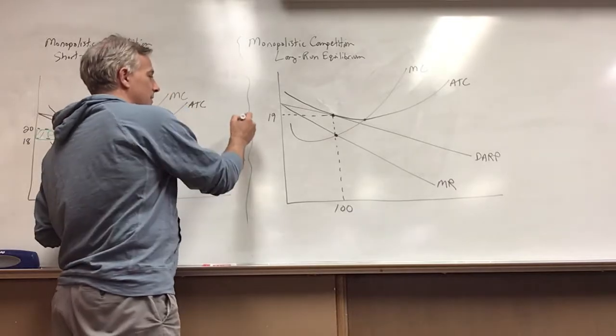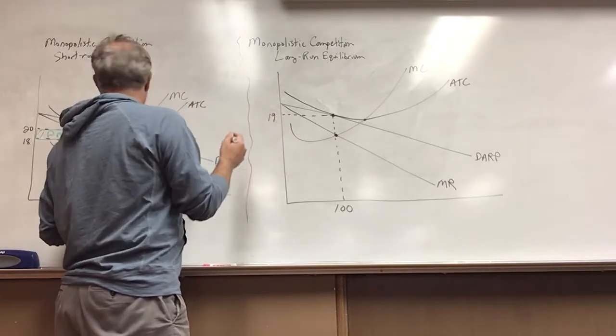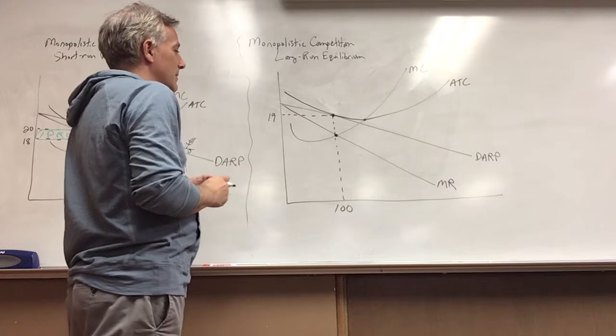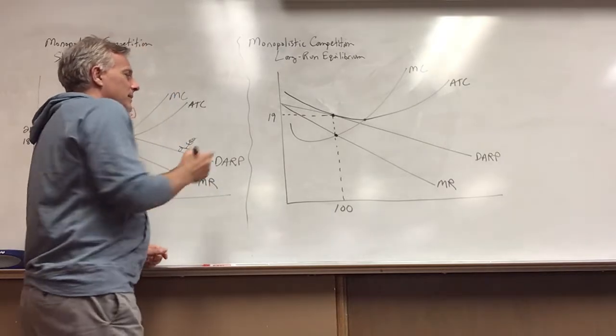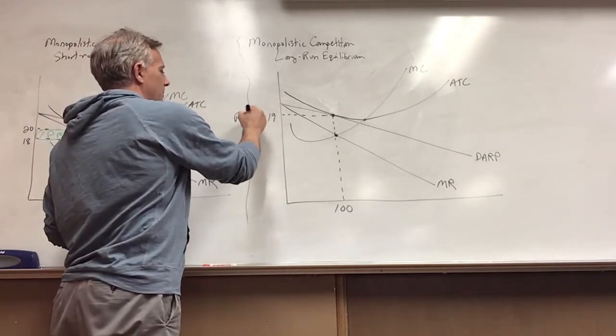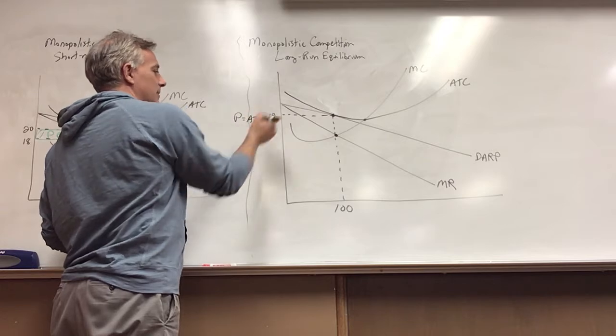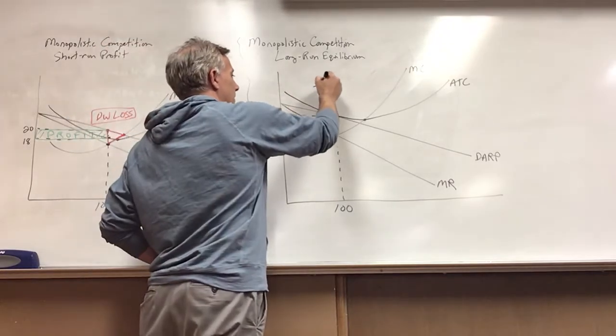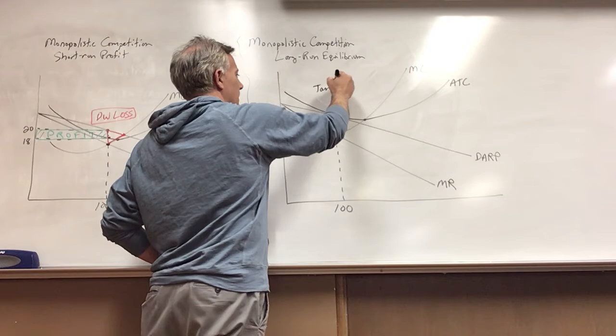So here, price equals average total cost. I just made it 19 because it's a little lower than the price over there. So price equals average total cost, which equals 19. And we have this tangent taking place.